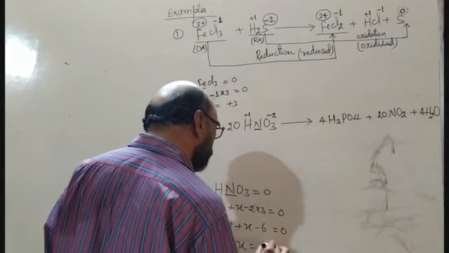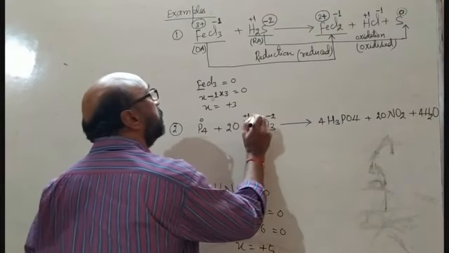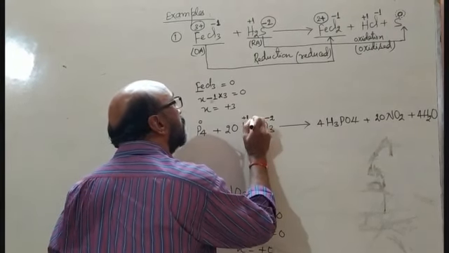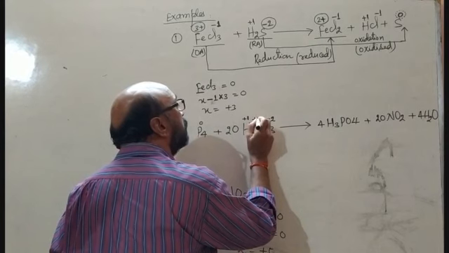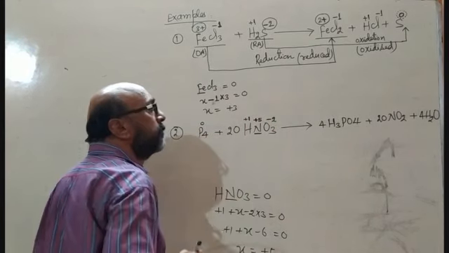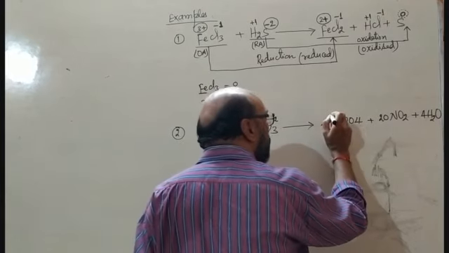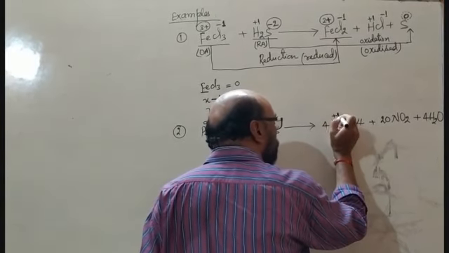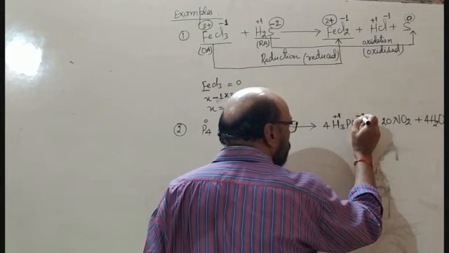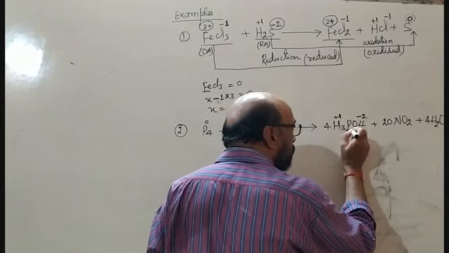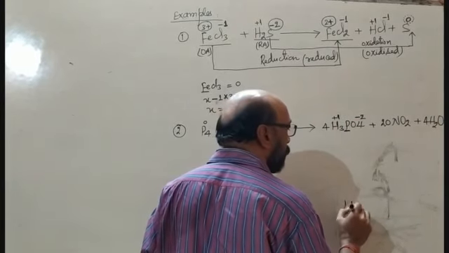X is equal to +5. So we shall indicate here +5. The oxidation state of nitrogen is +5. Likewise, you will calculate here oxidation state of hydrogen +1, oxygen -2. Calculate the oxidation state of phosphorus.